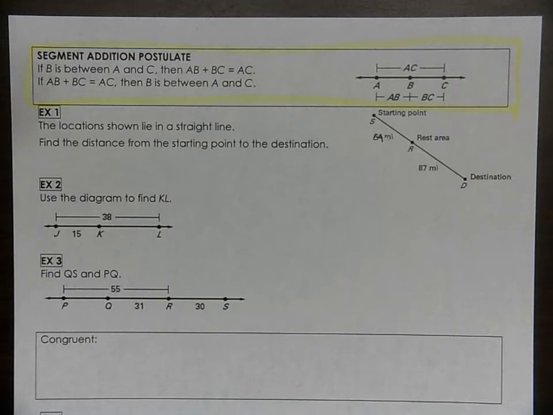All right, so in example 1, I'm going to talk through the postulate as I talk through this example. I think sometimes with numbers, it's a little bit easier to talk about, okay? So this forms a straight line. Okay, this is a line segment. And it says find the distance from the starting point to the destination.